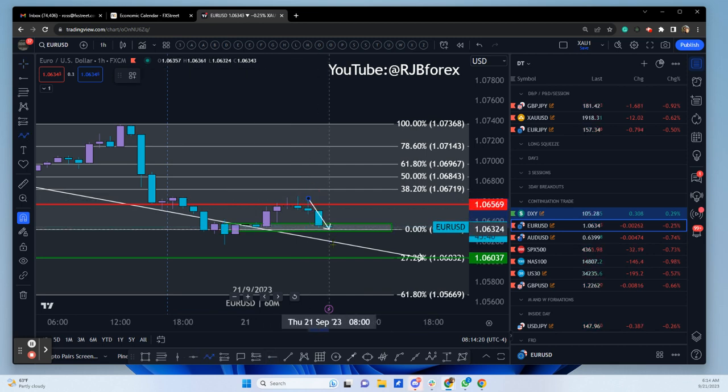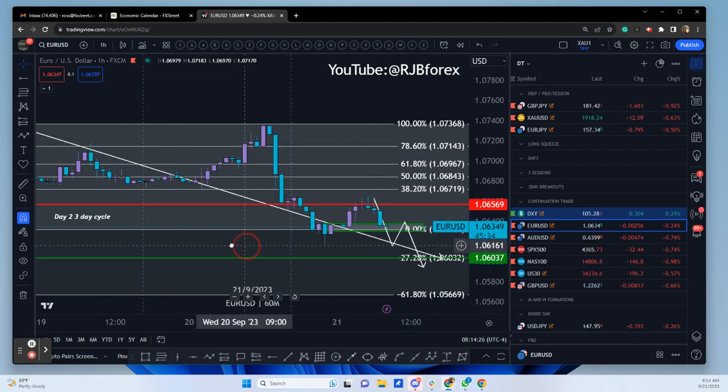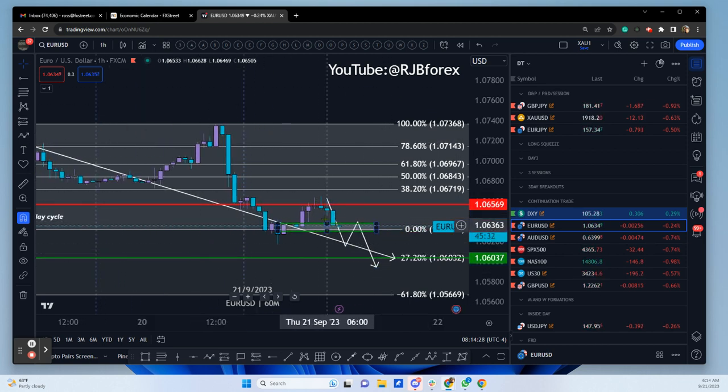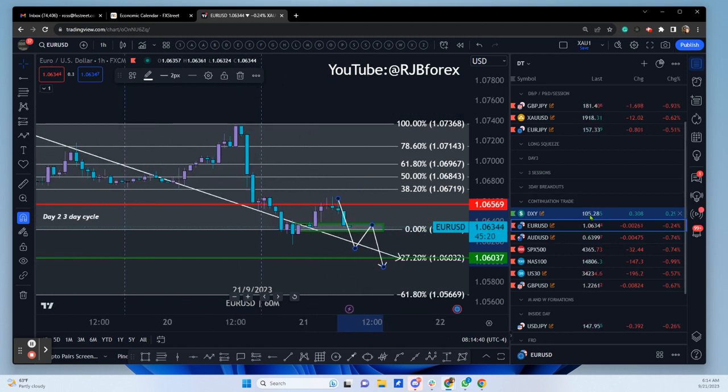So impulse, correction, continuation, perhaps. If this is going to go lower, it might not even give the correction. It might just tumble. We don't know. But on the lookout for a downside continuation for the day ahead.